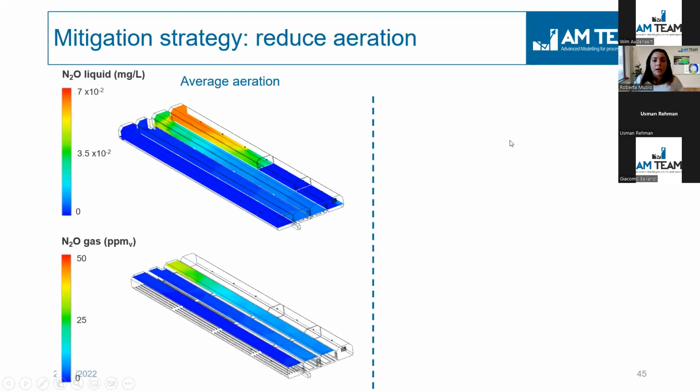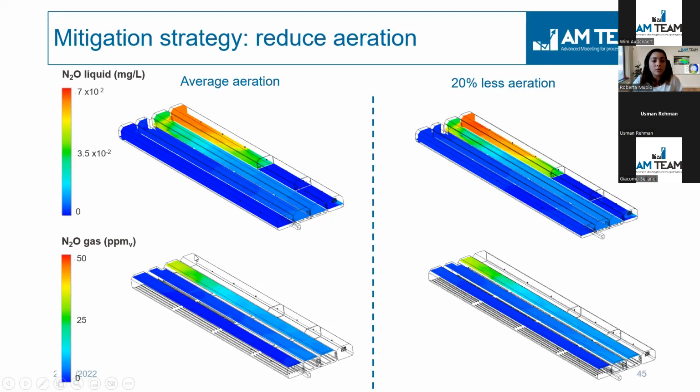Now we go to a mitigation strategy. It's common knowledge that reducing your aeration is an effective measure to reduce the N2O emissions. So we are still in the Canadian plant, and here we compare a scenario with average aeration, and we see the N2O concentration in the liquid and in the gas.